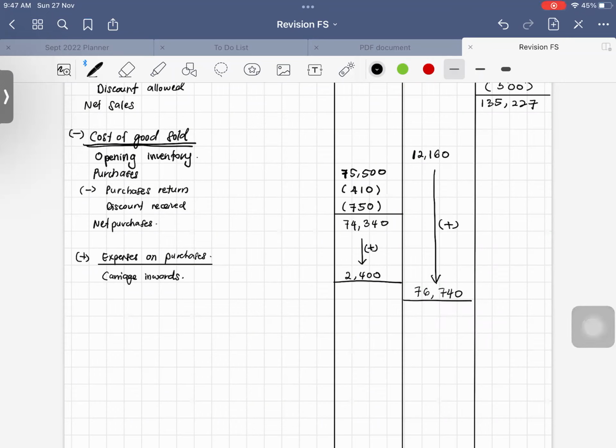You get 88,900. This is actually your cost of goods purchase.